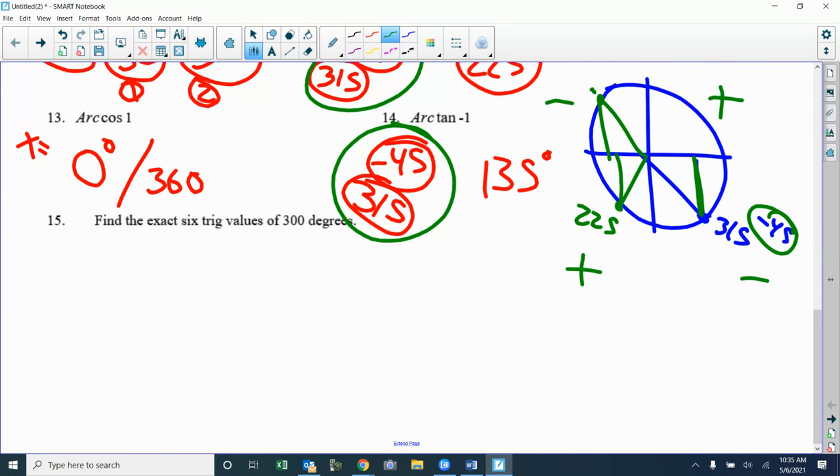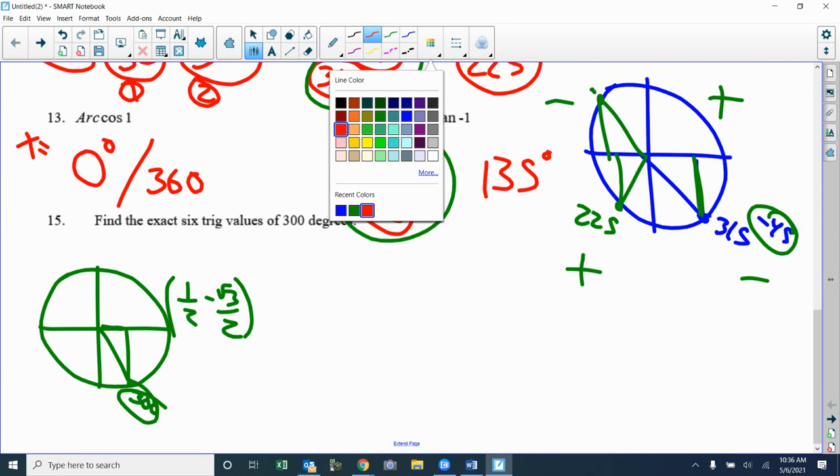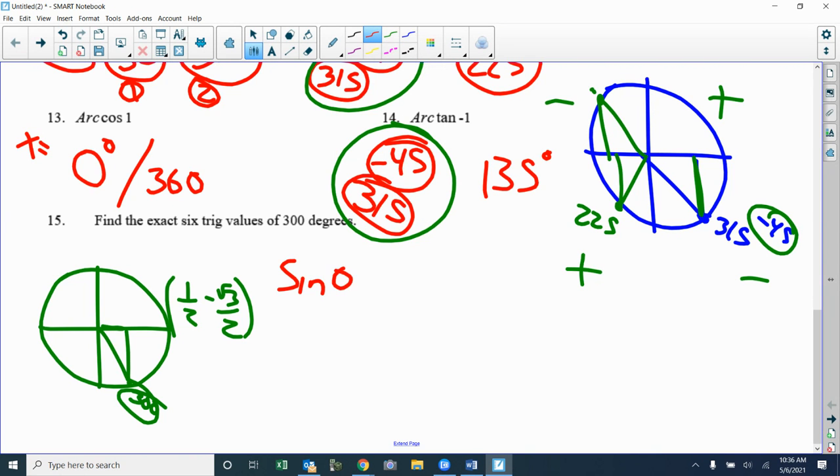All right, 300, so we've got to figure out what 300 is. Puts us right down here, doesn't it? 300, looks like your x is 1/2 and your y is negative square root of 3 over 2. Again, if you do your whole plate first, you'll know that, right? So 6 trig values, and you've got to make sure you take care of business here. So sine, cosine, and tangent.